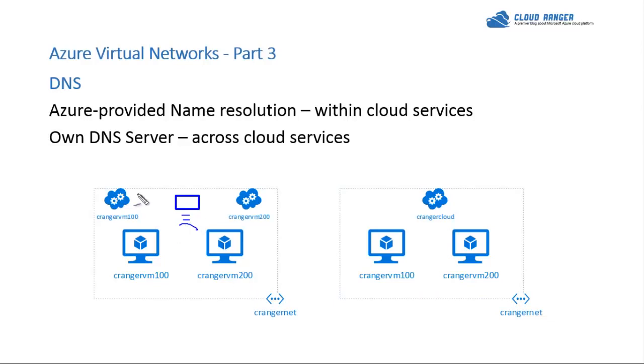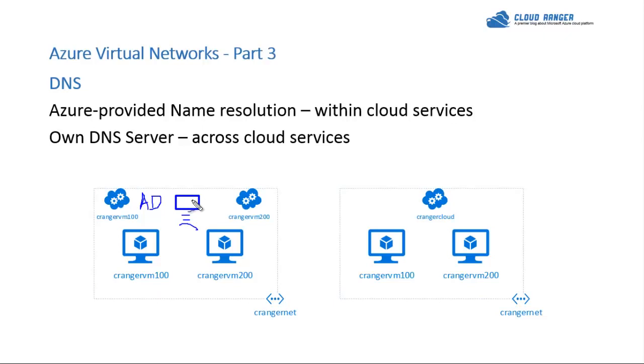This would actually be very simple if you have an Active Directory forest here. You have an Active Directory domain and your DNS server, and you join these two to the domain, and the DNS entry will always be there for you to resolve each other by hostname. That's one way to do this.